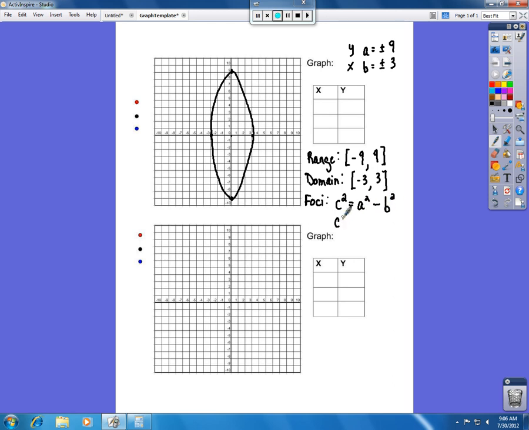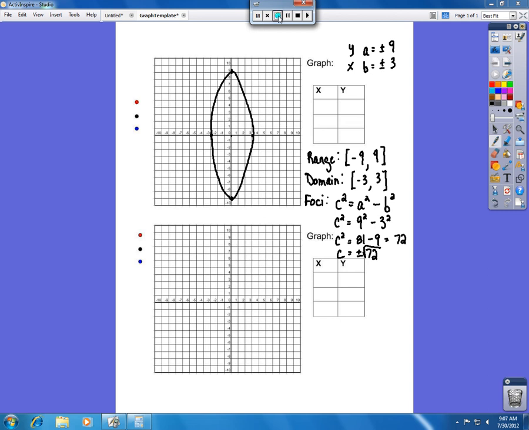So C squared is going to be 9 squared minus 3 squared, or C squared is 81 minus 9, which of course is 72. Therefore, C is the square root of 72, which if we work that out on a calculator, is roughly 8.5. I'm exaggerating, it's 8.48 something or other.